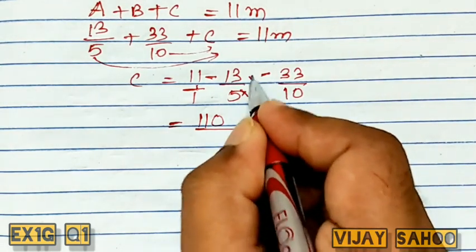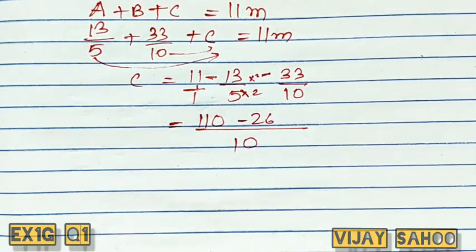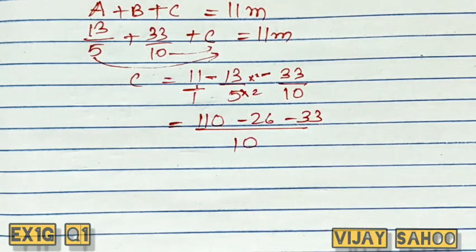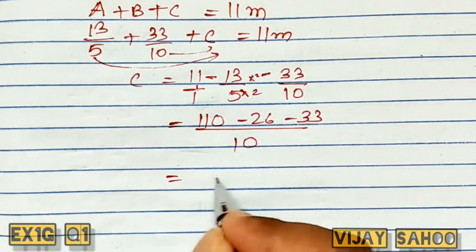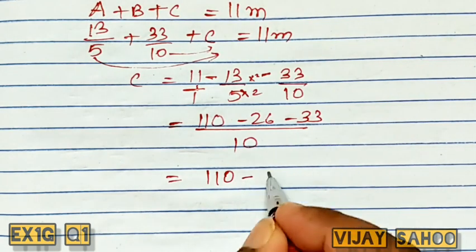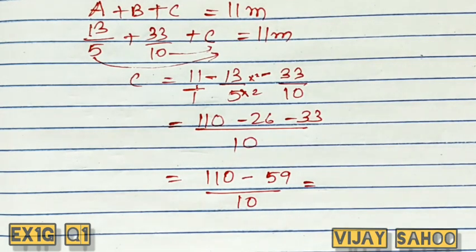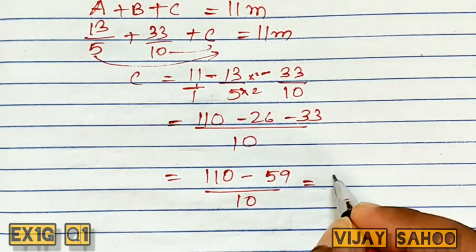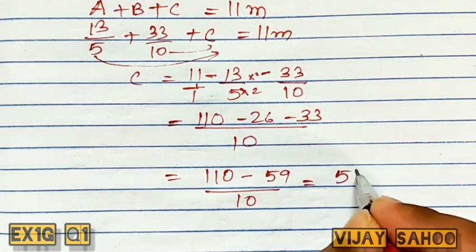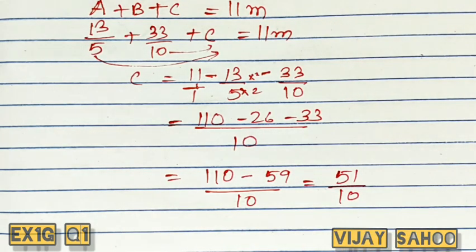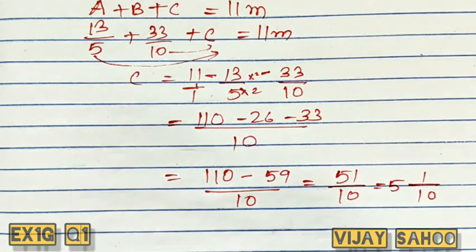This will be multiplied by 2, so it will be minus 26, and here it will be minus 33. 110 minus 59 upon 10, so the value will be 51 by 10. You can write it as a mixed fraction, that is 5 1 by 10 meters. So your length will be 5 1 by 10 meters.